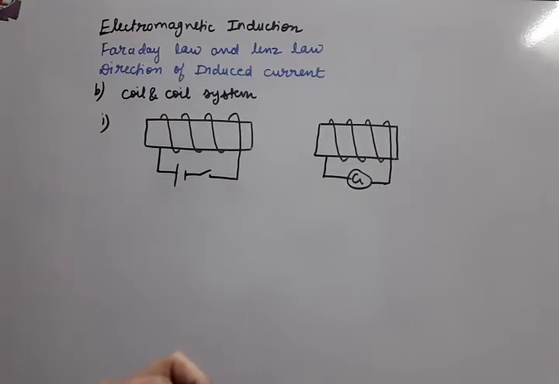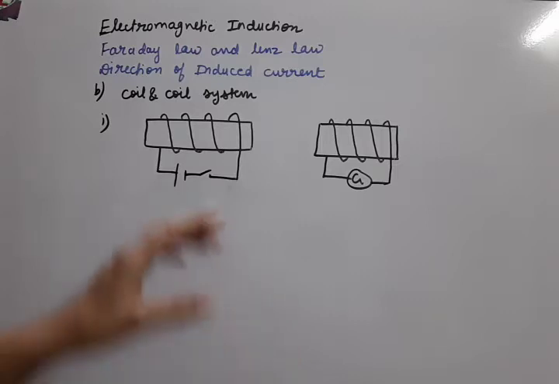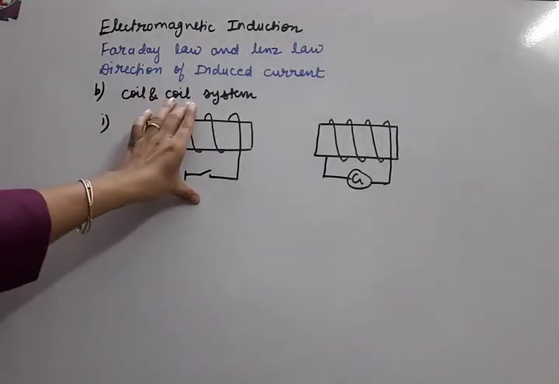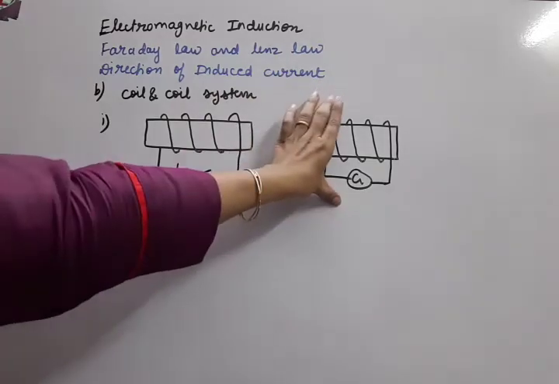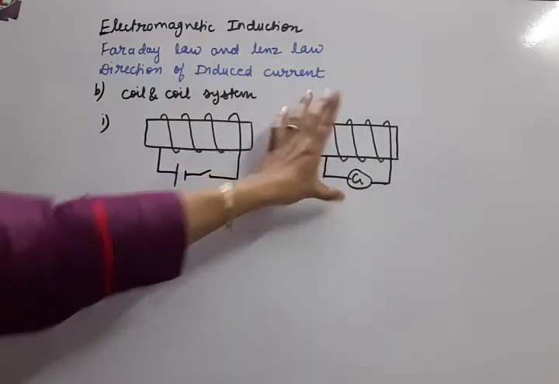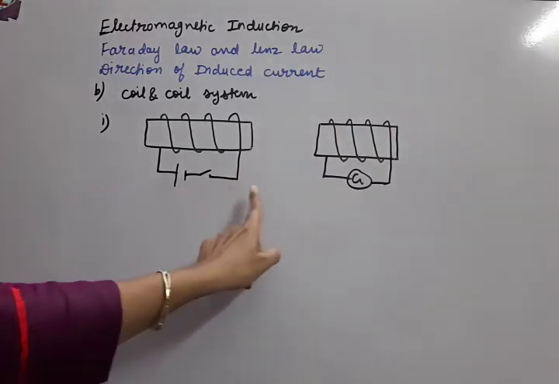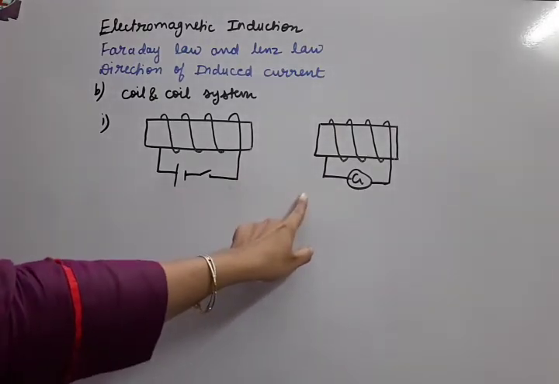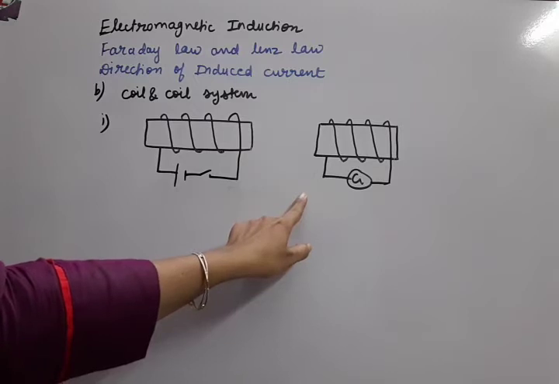To bring the change of magnetic flux, in our previous example we had taken a magnet and coil system. Here the magnet we had kept and here the coil was there in which induced current was produced. By moving the magnet towards or away, we were bringing the change of magnetic flux.